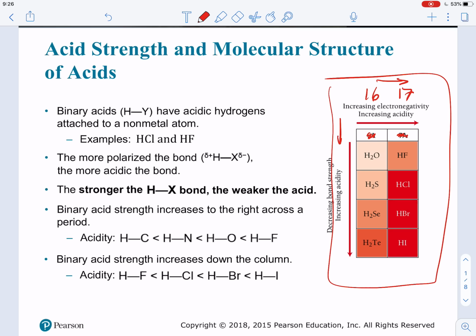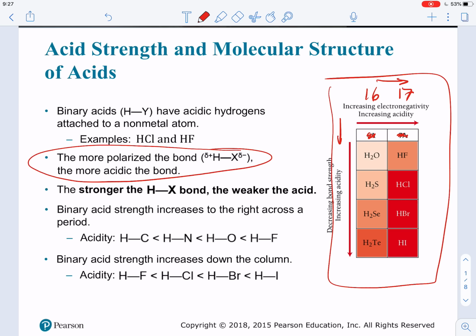So here we are looking at a more polarized bond.